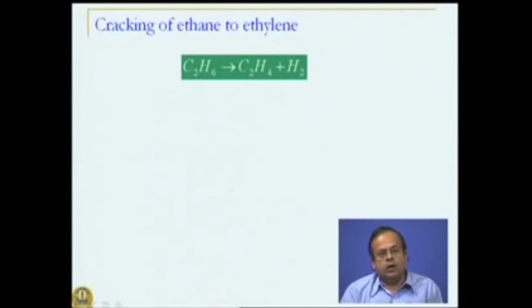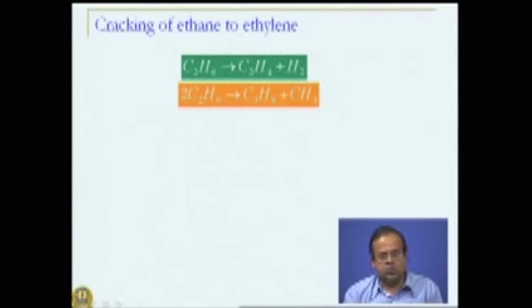Now, if this is the only reaction that is taking place, conversion is naturally my criterion of choice for designing the reaction. But we know from our discussion so far, it is very unlikely that this is the only reaction that will take place.